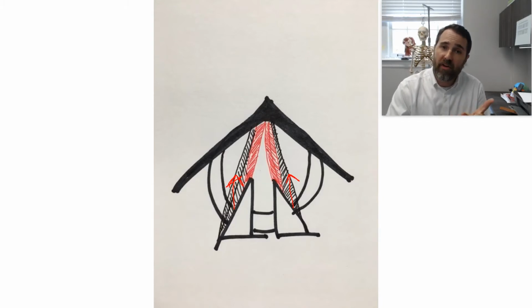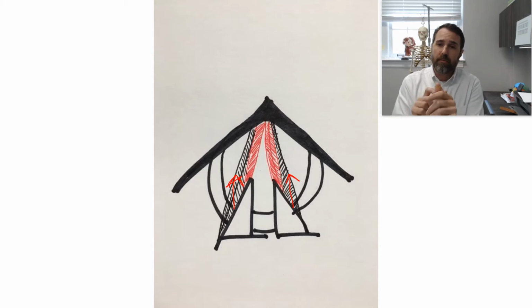All right, so moving on to the thyromuscularis. You can see that to the outside of the thyrovocalis, you have this black portion of the vocal folds. That is the thyromuscularis. And you can imagine that if these two black bands contracted, it's going to pull the arytenoids closer to the thyroid cartilage.